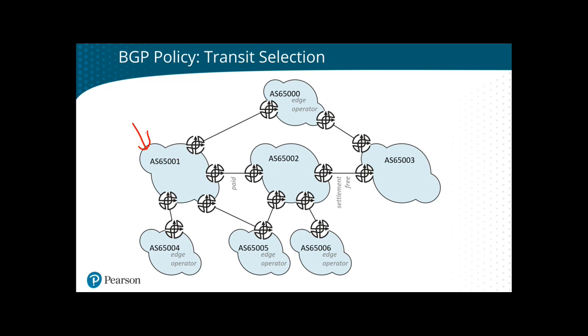So for instance, if IP address X is available over here from AS65003, and somebody connects to AS65001, who's an attacker, and they just want to grab the traffic, they could advertise X to AS65001, causing AS65001 to advertise X to all of its peers, which could draw traffic from, say, AS65000 towards 65001 instead of 65003.